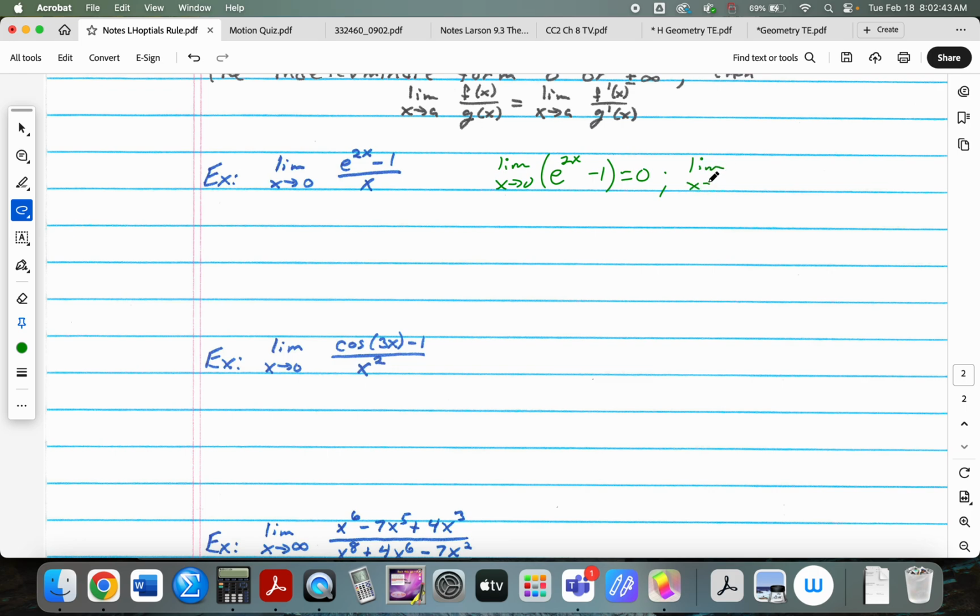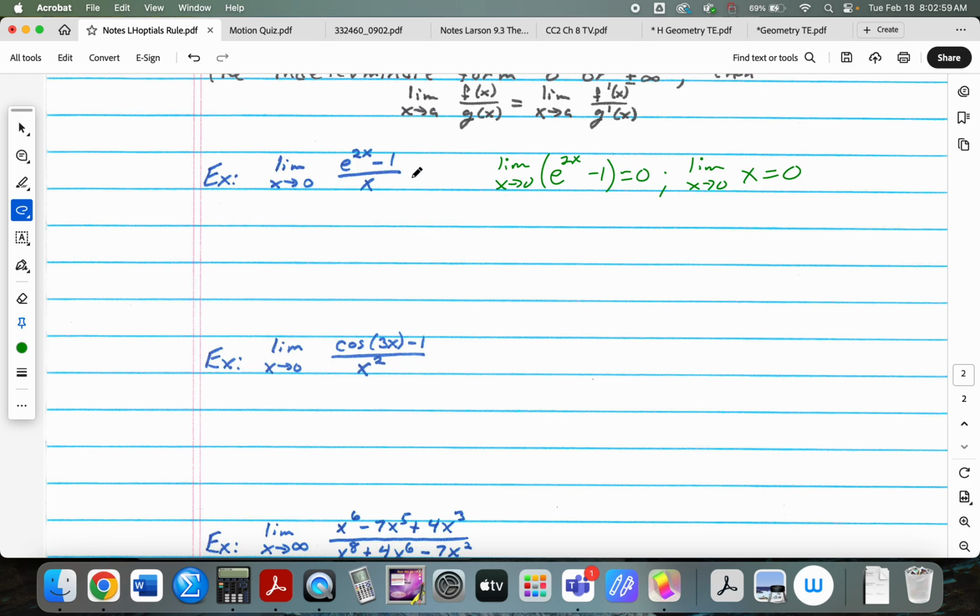And the limit as x approaches 0 of x, well, it just told me x is approaching 0. So we have to establish that first, and it has to be independently.